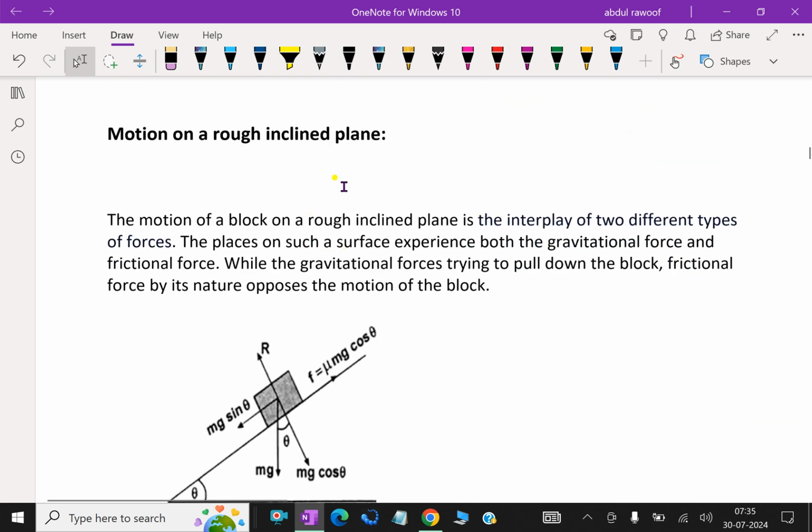Motion on a rough inclined plane. The motion of a block on a rough inclined plane is the interplay of two different types of forces. The block on such a surface experiences both the gravitational force and frictional force. While the gravitational force tries to pull down the block, the frictional force by its nature opposes the motion of the block.